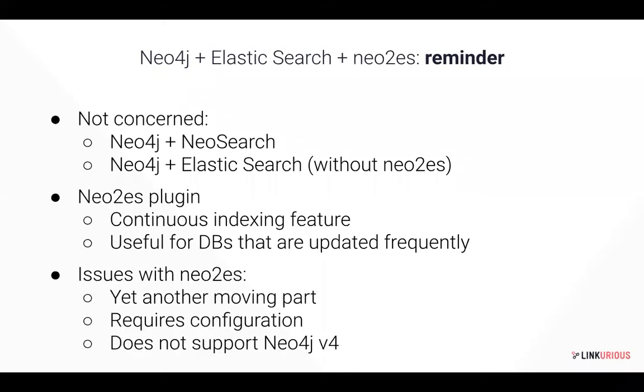We had issues with Neo2j, so it's yet another moving part as you have to install the plugin. Then it requires configuration. And also, as it is now, it does not support Neo4j v4. So we decided to build our own native Linkurious Enterprise feature to kind of replace Neo2j.